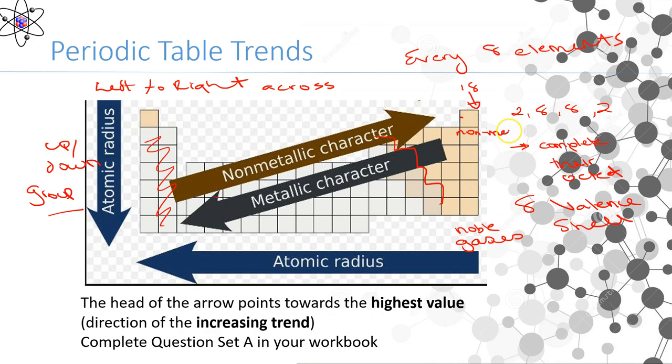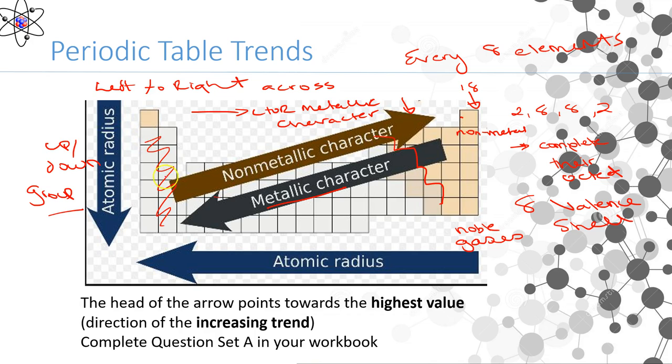So as we move from left to right across the periodic table, what we refer to as metallic character, so the things that make a metal, decreases.